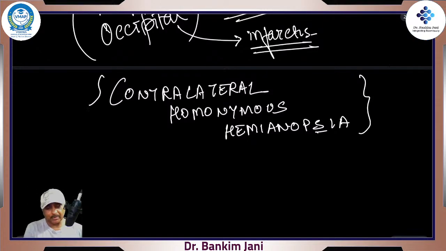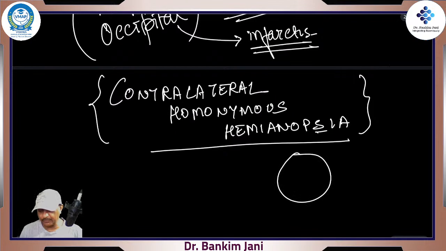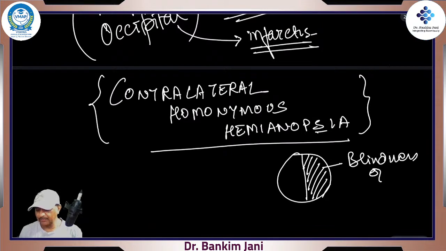Now when we really look at the eyeball, we find things are so confusing. Sometimes it is contralateral, sometimes ipsilateral, sometimes both halves are involved. So its literal meaning is this: if this is the field of vision, there is blindness of half the visual field.